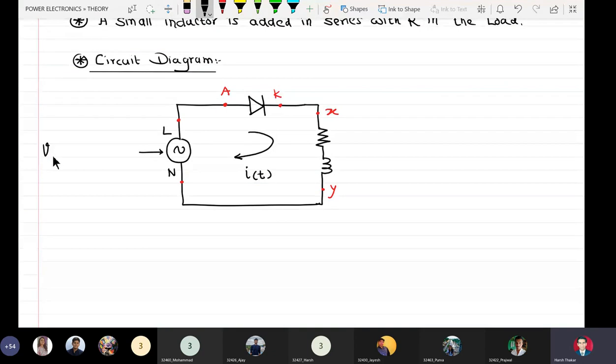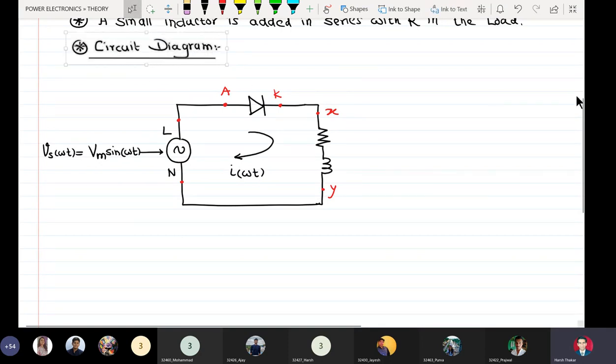If you want to be very specific, then this is Vs of omega t. This is the diode drop, or we can say the potential across the diode, and this is my device current IA.